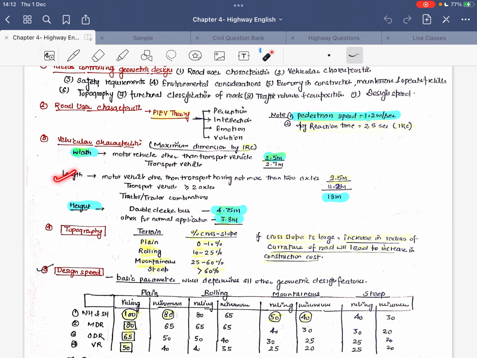For the length, a motor vehicle other than a transport vehicle having not more than 2 axes is 9.5 meter. For a transport vehicle having more than 2 axes it is 11.25 meter, and for a tractor trailer combination it is 18 meter. If we talk about the height, for a double decker bus the height is 4.75 meter, and for normal application it is 3.8 meter.